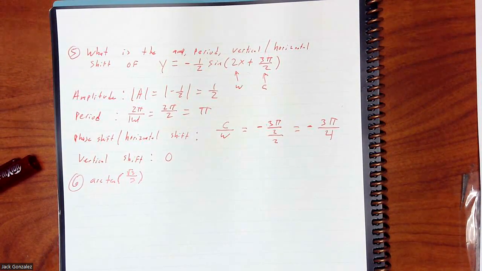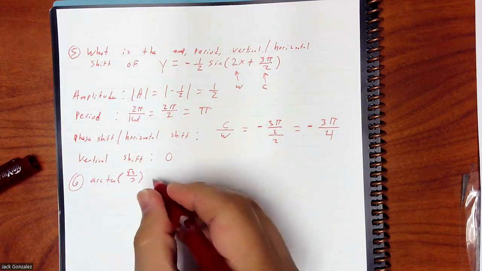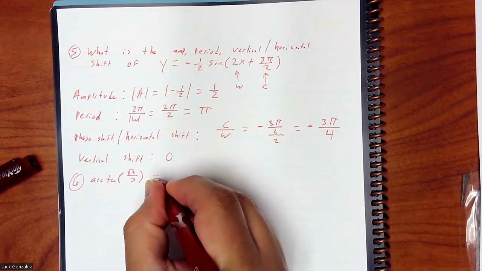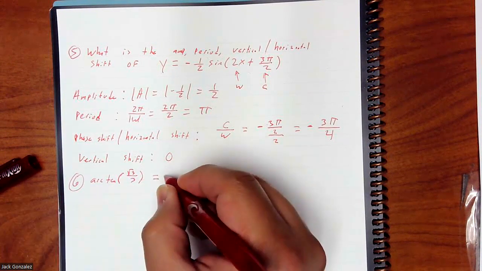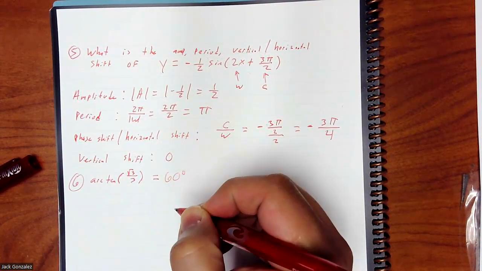Arctan of square root of 3 over 3. On this one, you don't really have to show any work. Just find it on the circle. Remember that it's supposed to be in the right half of the circle. What angle is this? 60 degrees, right?